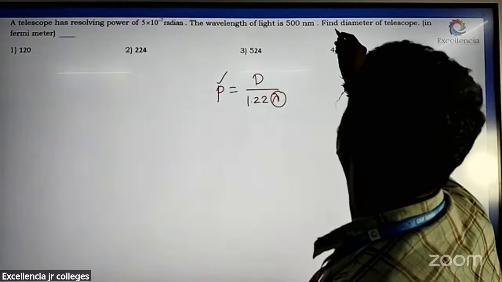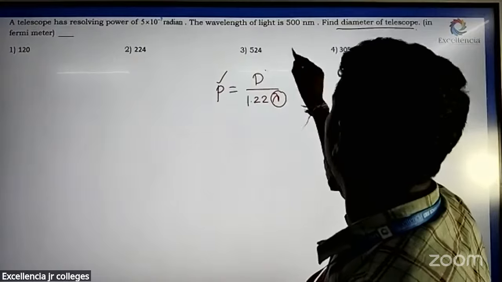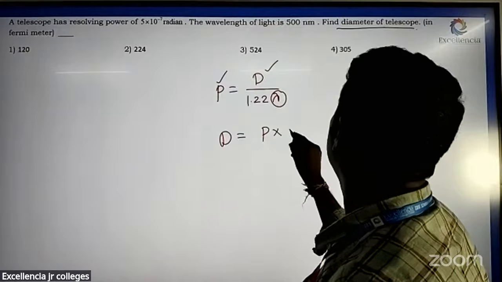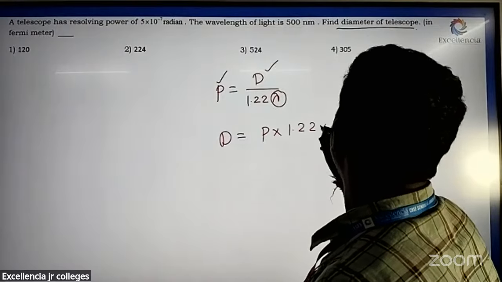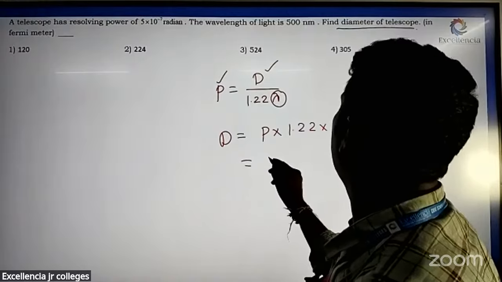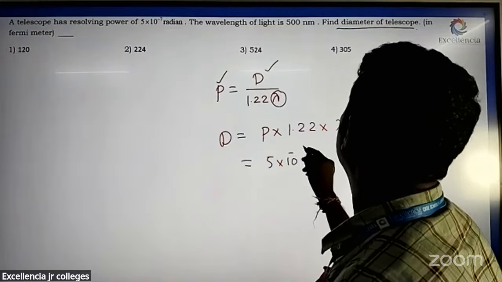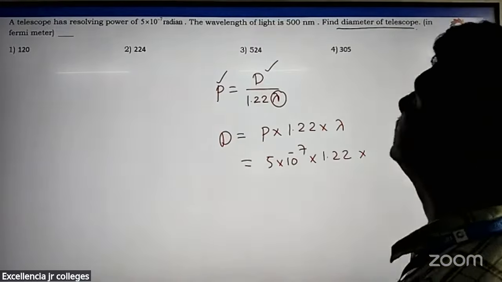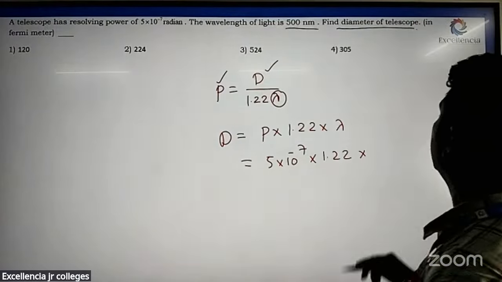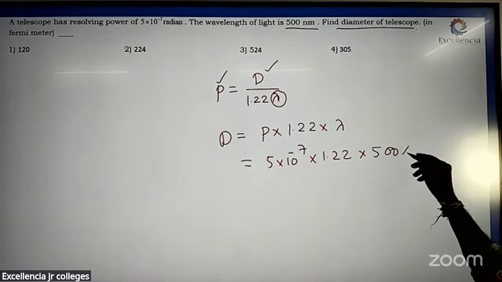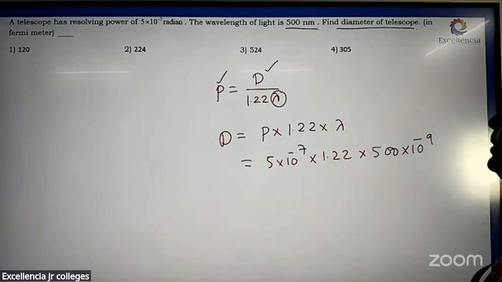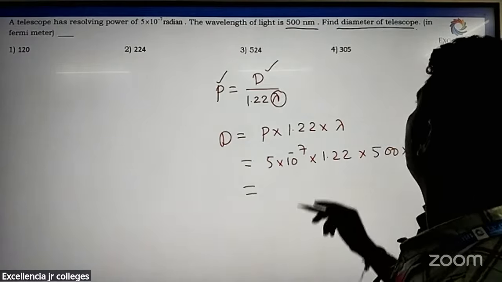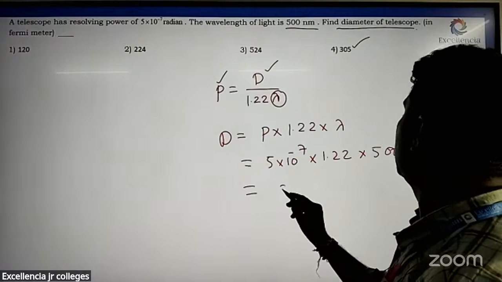Find the diameter of the telescope, the D value. So D equal to resolving power into 1.22 into lambda. So resolving power 5 into 10 to the power minus 7, into 1.22, into lambda value is 500 nanometers, so 500 into 10 to the power minus 9. Now, if you calculate this, we are getting 305.